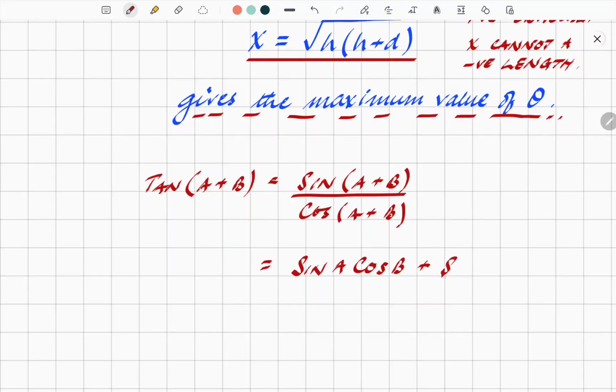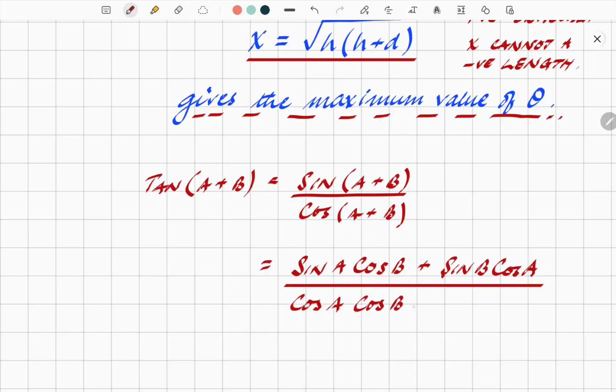So sine b cos a, and cos (a plus b) becomes cos a cos b minus, now that's the trick that you need to remember, minus sine a sine b.